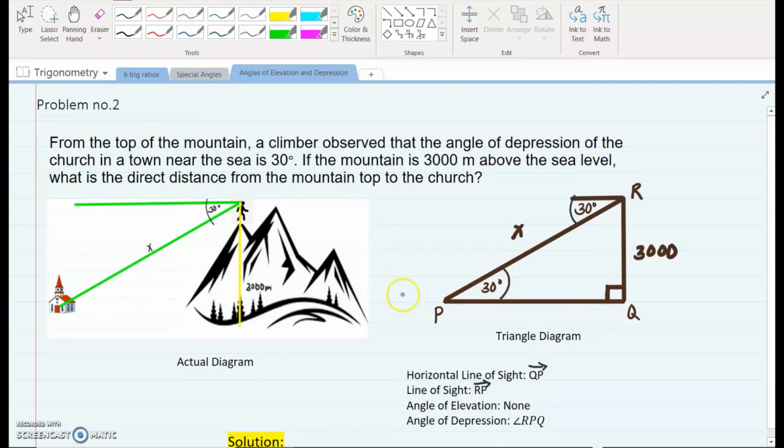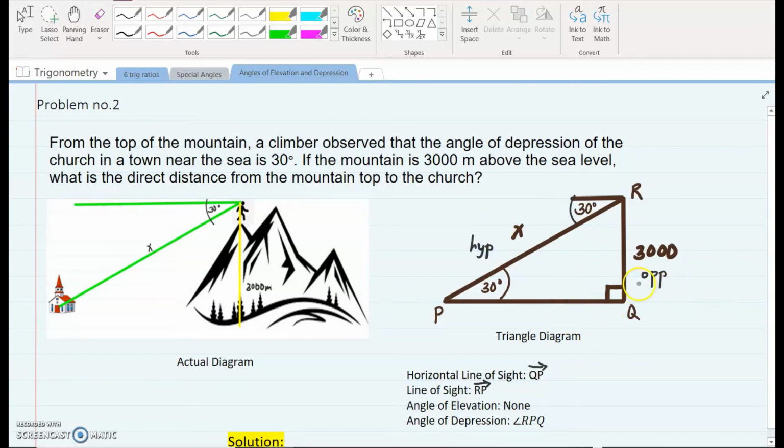Okay? So we can now relate the 30 degrees on this side, the given height of the mountain, to the unknown. So 30 degrees is your reference angle now. Then we can relate it to 3,000 meters as your opposite, and your x here will be the hypotenuse.